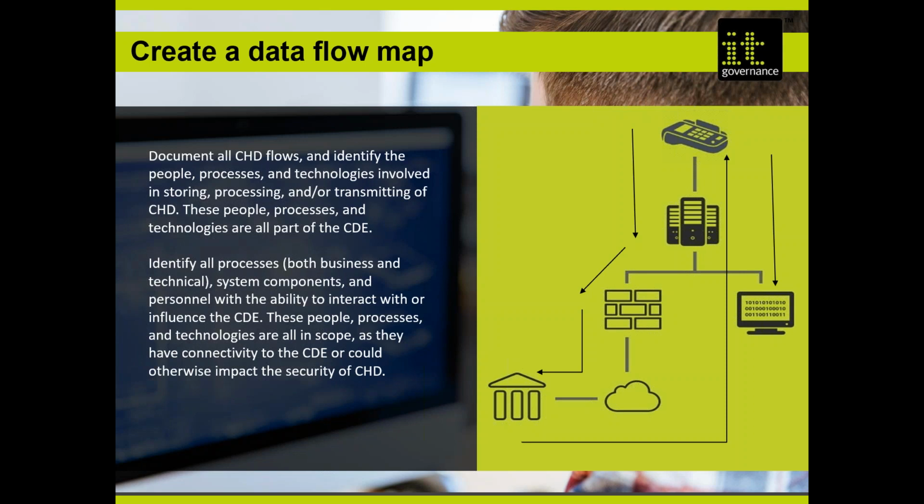You can create the data flows and maps in whatever format you want, but you've got to make it pertinent to your own business, and everybody's got to be able to understand them. Ultimately, if you end up having an external assessor coming in, you're going to be presenting that external assessor with the information that you've gathered.